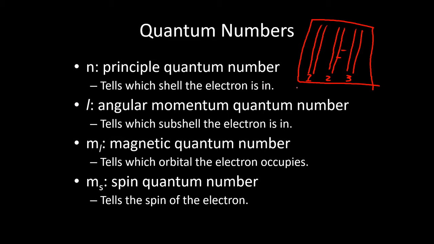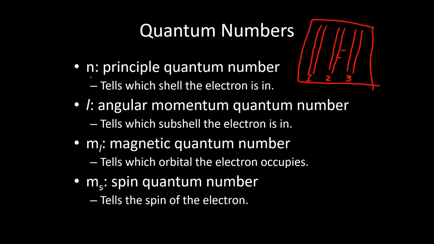To carry the analogy further, in a warehouse like this, you'll have big rows, and then you can have the rows split up into individual sections, and then you can have individual boxes on those individual sections. We can split the quantum numbers up kind of the same way, because each of these quantum numbers builds on the last one.